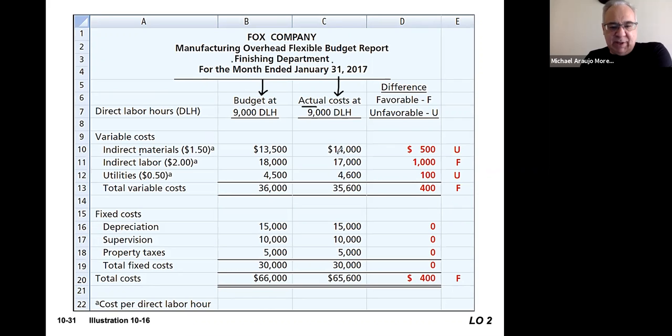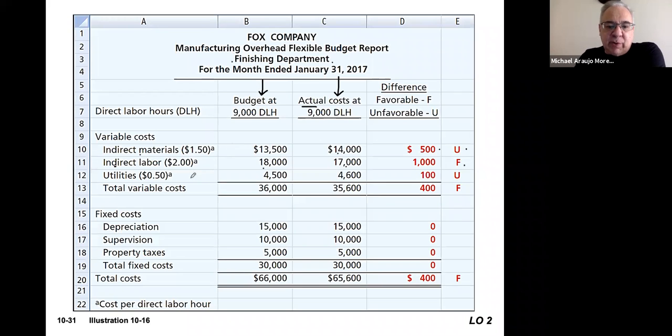They actually spent $14,000. That's $500 over. So that's an unfavorable line. However, their indirect labor, they budgeted 18,000. They only spent 17,000. They saved $1,000 underneath their budget, which is why it's favorable.